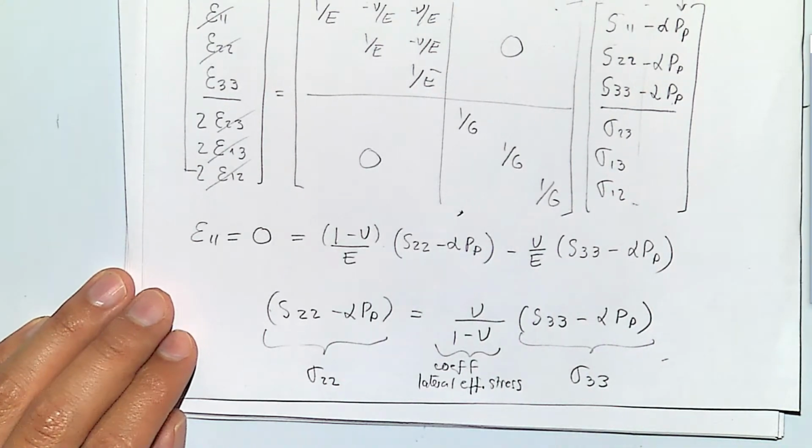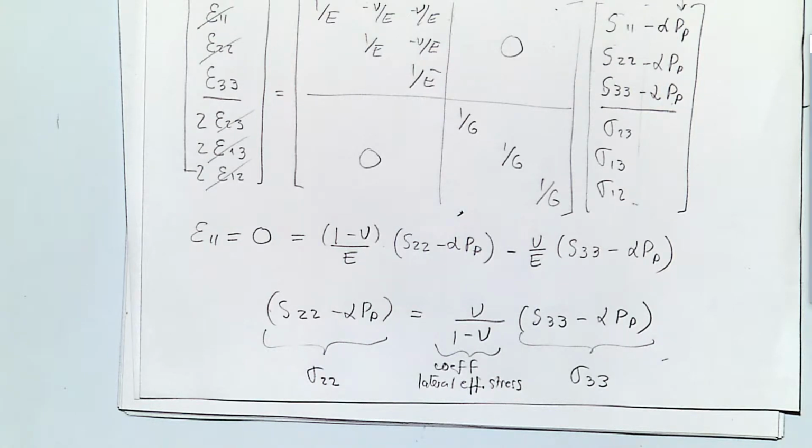And for example, for a Poisson ratio equal to 0.25, it's 1/3. It tells you that the effective stress in horizontal direction is 1/3 of the effective vertical stress.